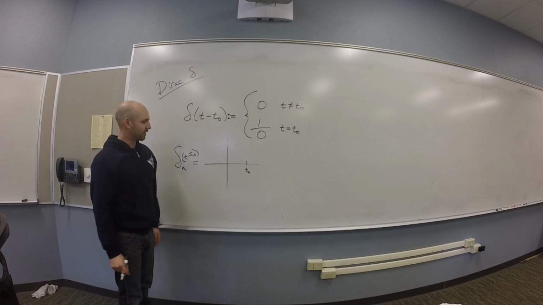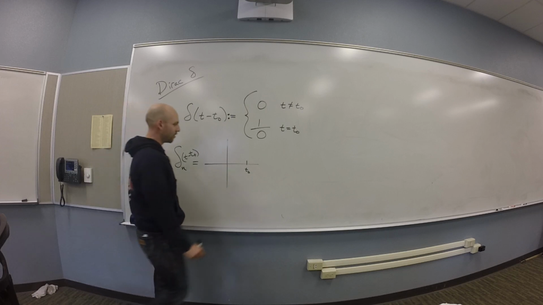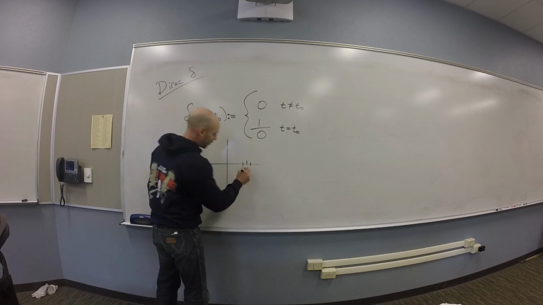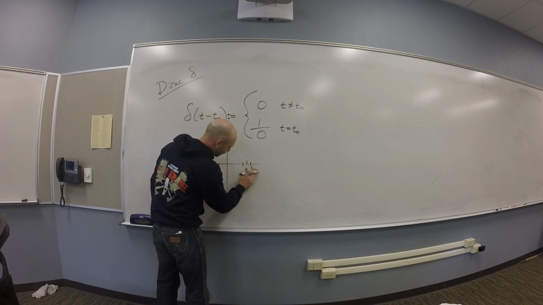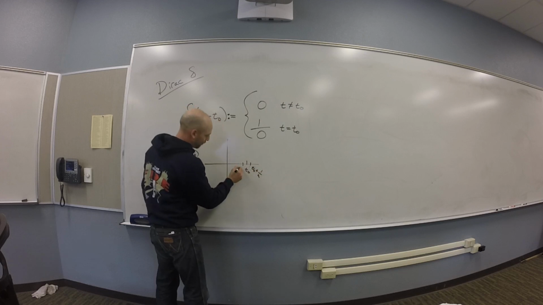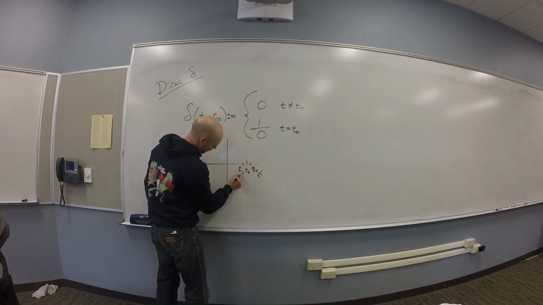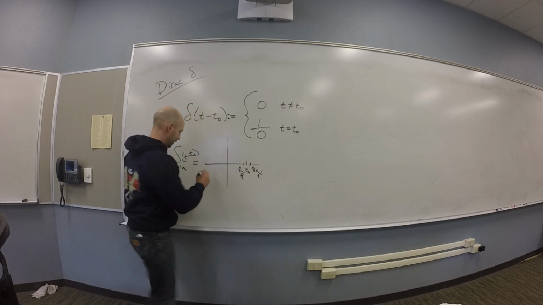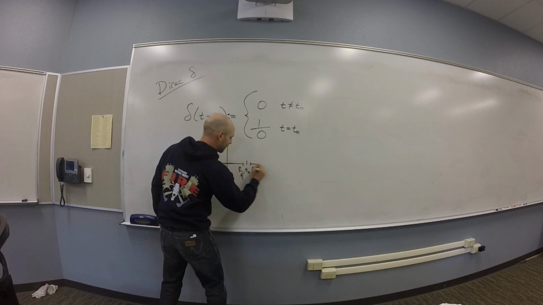And so you'd put your t naught someplace, and then you'd go out to t naught plus 1 over n, and back to t naught minus 1 over n. You'd be 0 everywhere else.